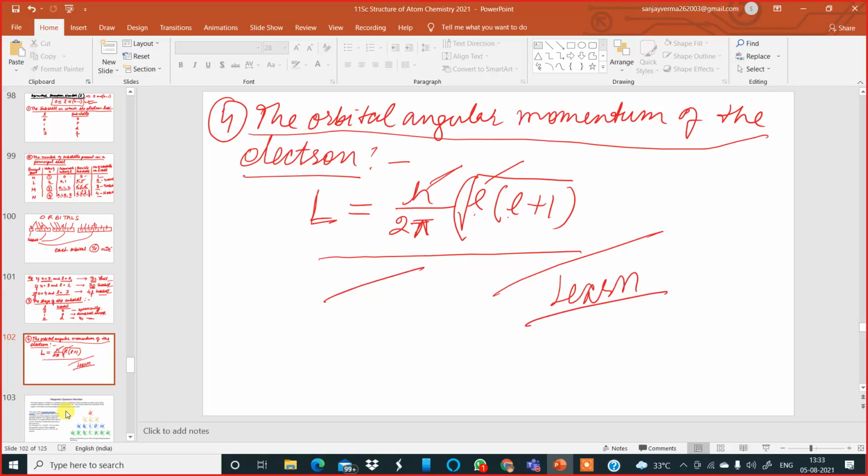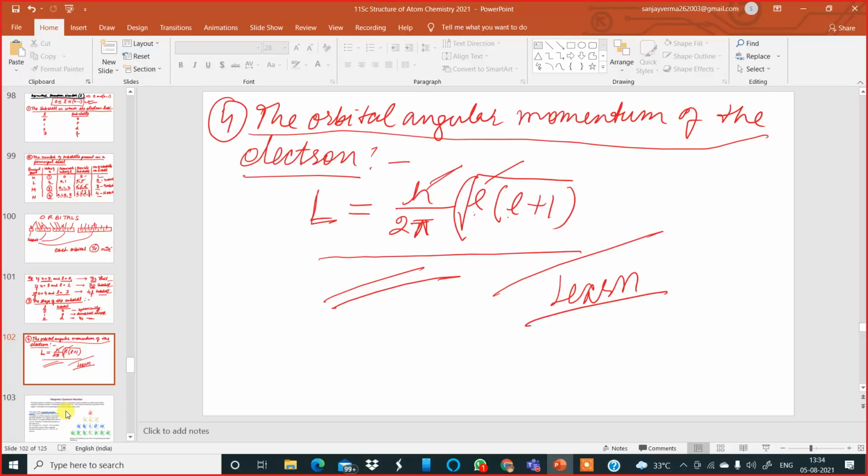This L stands for orbital angular momentum of the electron. This is an important formula from which you will be asked simple numericals, where I will give you the value of l, I'll give you the value of h, you know the value of pi, and I'll ask you to calculate the orbital angular momentum of the electron, provided I give you the units.